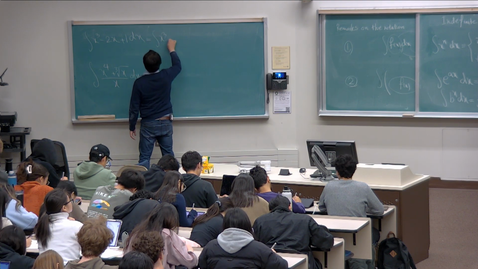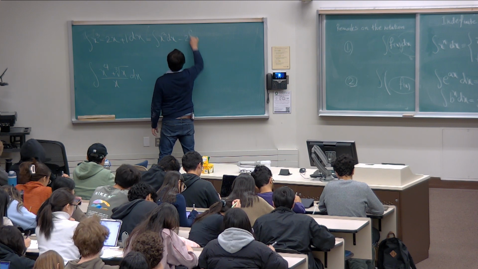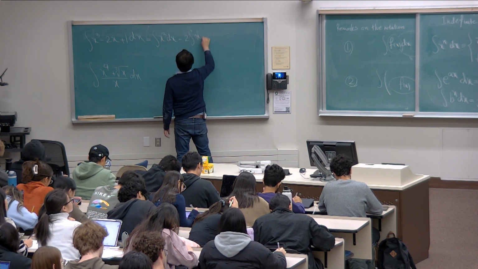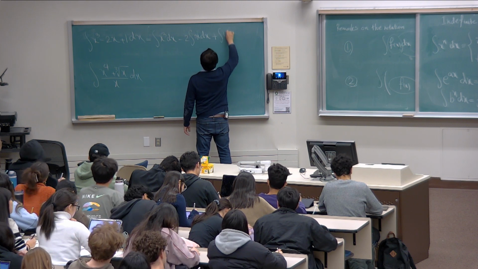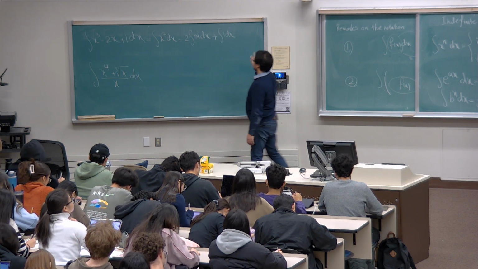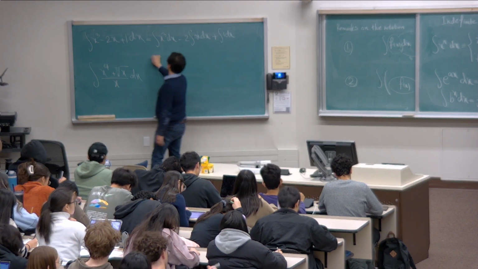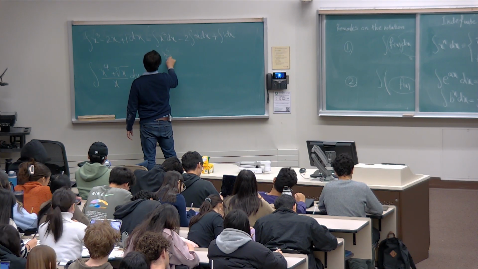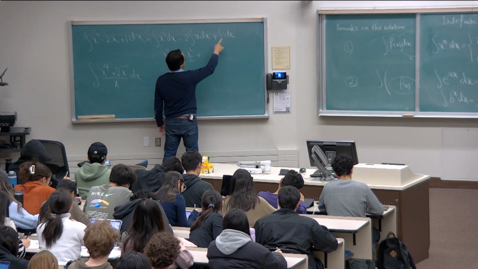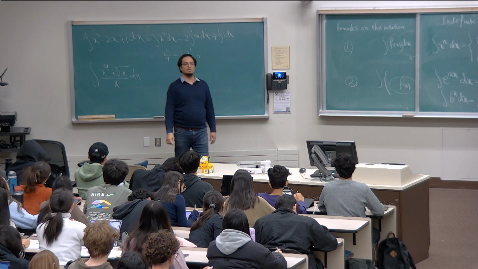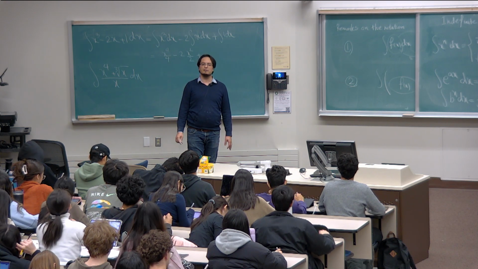Use the additivity and the constant multiple rule there. And then integrate each one. In this case, you get x^4 over 4 minus 2x squared over 2 plus the antiderivative of 1, which is x.